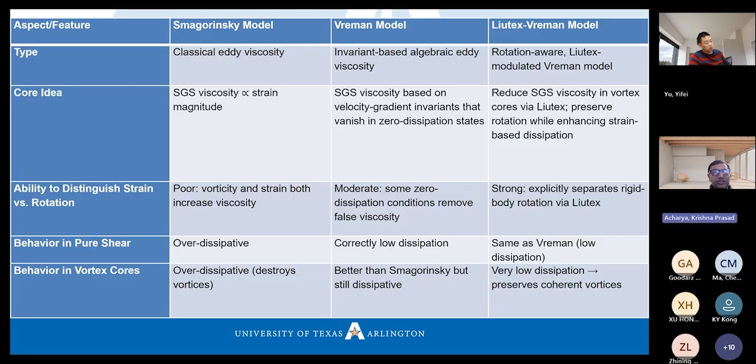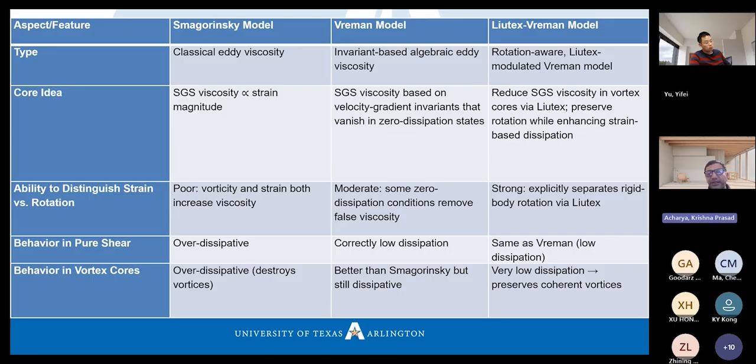Ability to distinguish strain versus rotation: Smagorinsky, poor, vorticity and strain both increase viscosity. Vreman, moderate, some zero dissipation conditions remove false viscosity. Liutex, strong, explicitly separates rigid body rotation via Liutex. Behavior in pure shear: Smagorinsky, over-dissipative.